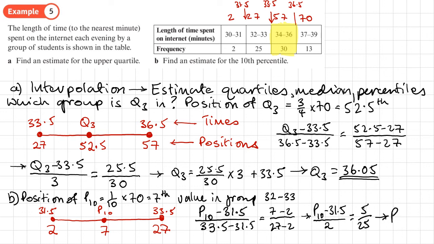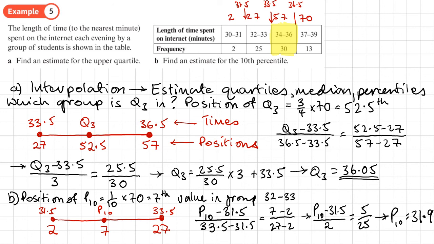And then we can rearrange that to find P10. So we'll do 5 over 25, then we'll times that by 2 to get rid of the 2, and then we'll add 31.5. We end up with 319 over 10, which is 31.9. So obviously these are times, so these answers would be in seconds.